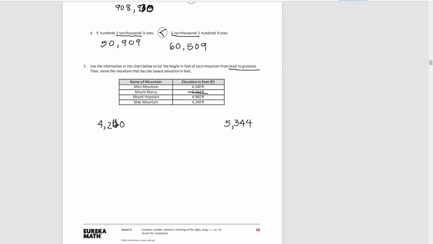And that's less than, between 3 and 9, 3 is the next least. And then that's the order. So the mountain that has the lowest elevation in feet, we go back in here and we see Slide Mountain.